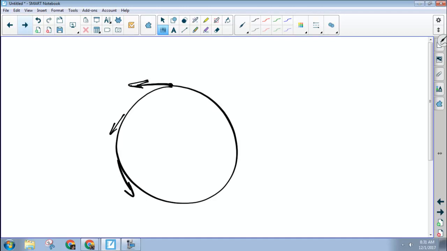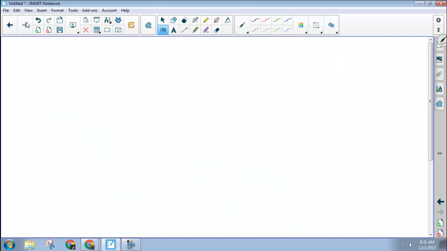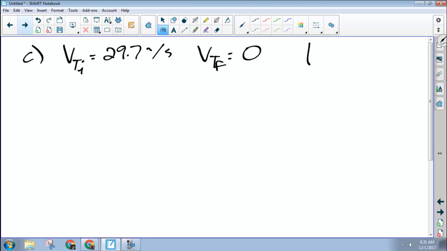So in this problem, part C, we want the car to stop in 12 seconds. My initial tangential velocity is 29.7 meters a second, and we want the car to stop, so our final tangential velocity is going to be 0.